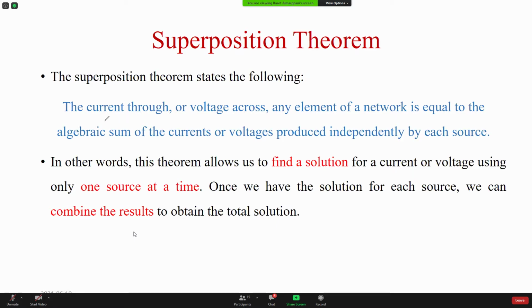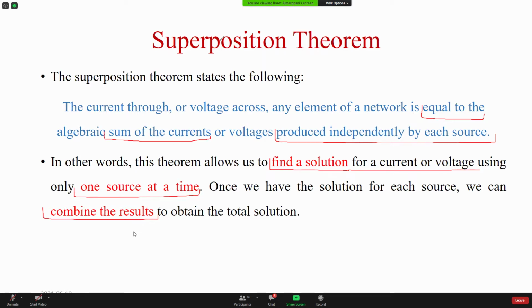Superposition says this: the current through whatever resistor, or the voltage across whatever, is equal to the sum of either currents or voltages produced by each source alone. So we find the solution for current or voltage by using one source at a time. Then once we have the solution for each source, we combine the results.